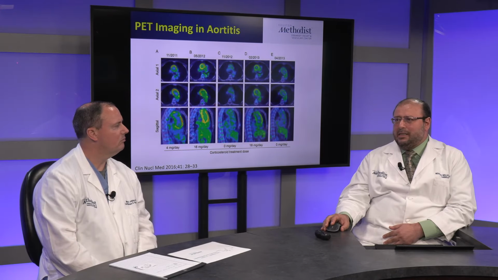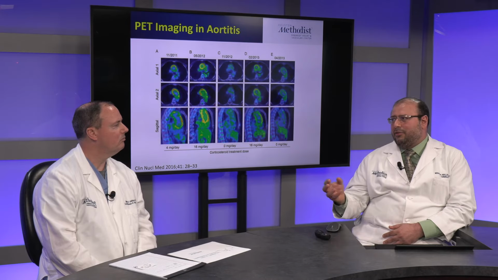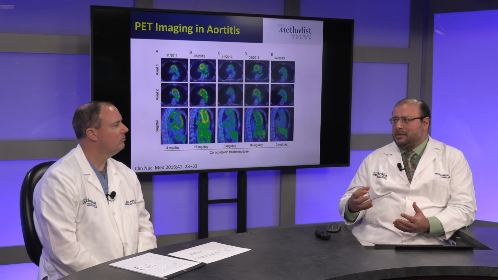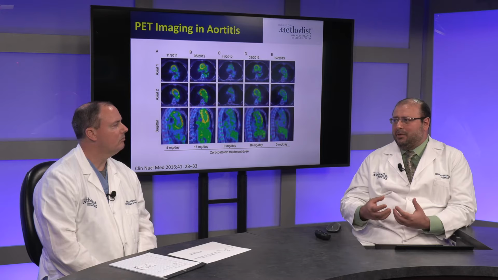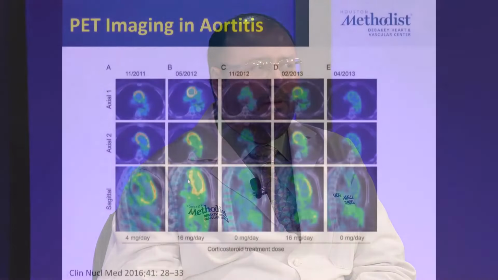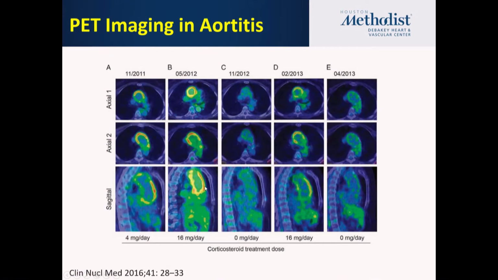And with CT, while there are some chronic changes sometimes from the anatomy itself, it doesn't give you the inflammatory burden. So yes, you can see edema and others with wall thickening, but wall thickening could be from different reasons. So here, adding PET to the mix will be complementary to CTA, which is more commonly used clinically, and it will help guide you on whether this is inflammation, or it could be just chronic thickening from recurrent inflammations in these patients.